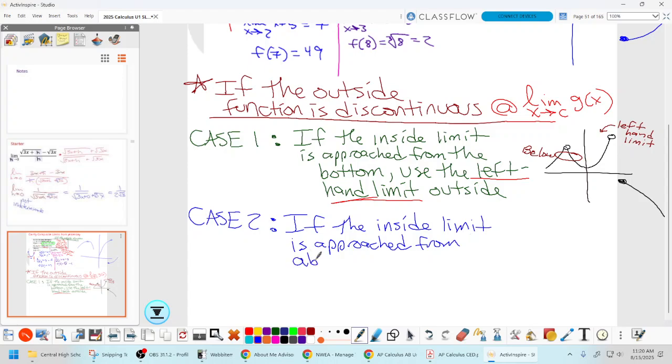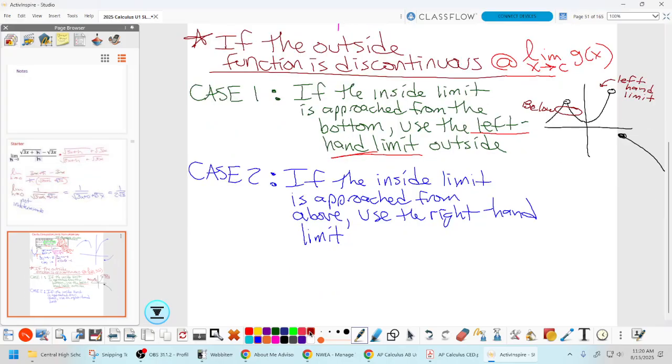From above. Use the right hand limit. And this is going to be kind of an obscure detail when we get to like April, right? We're going to have to think back to this. So it's good to keep your notes organized where you can find, hey, I have a limit question, I need to go find the limit stuff.